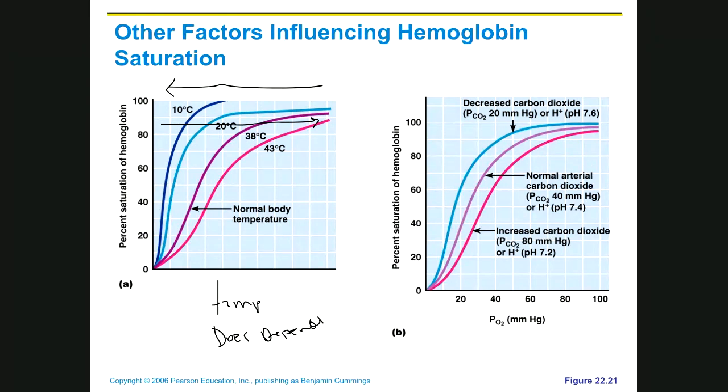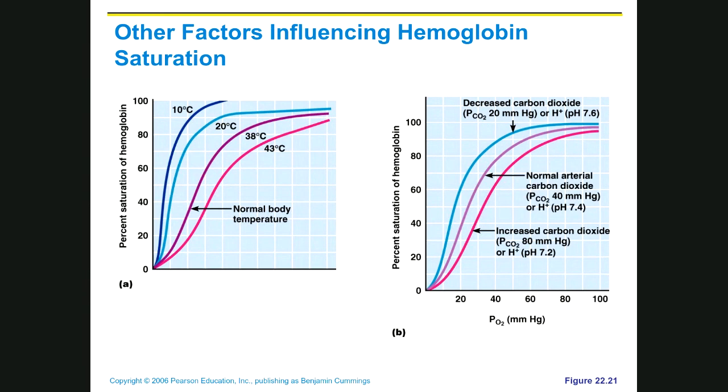And then we also talked about carbon dioxide, hydrogen ions, and pH. And remember, we said all three of these are really closely interconnected. They're so interconnected you can't separate them. So look, there's the carbon dioxide, there's the hydrogen ions, and there's the pH. And there was something I asked you to memorize.